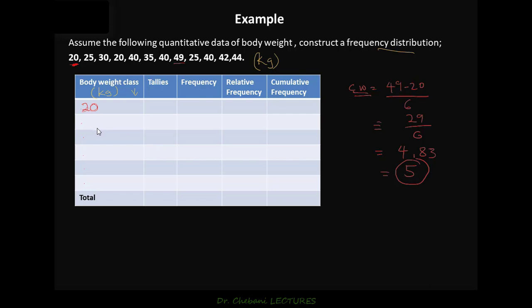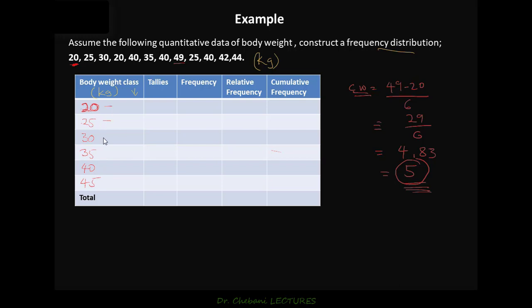And then we start listing the other lower class limits by using the class width. So we add the class width to the previous lower class limit in order to get the next one. So 20 plus 5 gives us 25, and then we would have 30, 35, 40, 45, right?